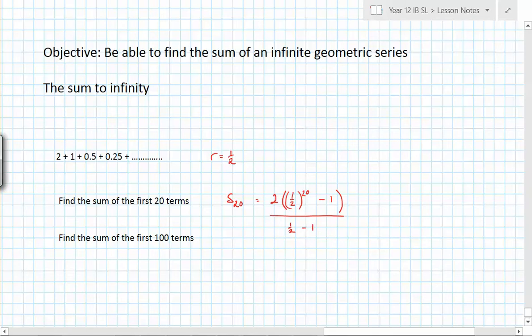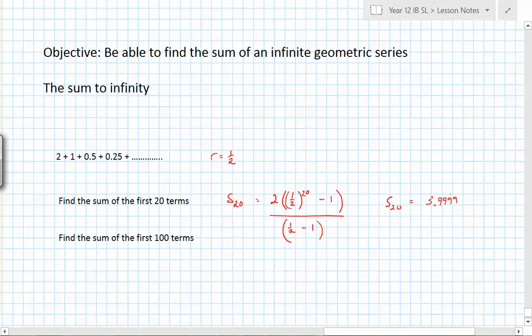We've kind of done it the wrong way around, maybe we should have done it the other way so we don't get a negative, but it's not a problem. So S20 equals, what do we end up with? 3.9999, and that's the final answer.